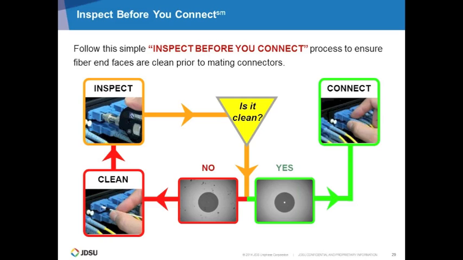If you have dirty test equipment and a dirty test lead that is contaminated, and the test is performed with your network or customer network, you will be damaging that fiber connector in the network. So inspect first and determine if it's clean. If it's not clean, then do the cleaning procedure and re-inspect it again.